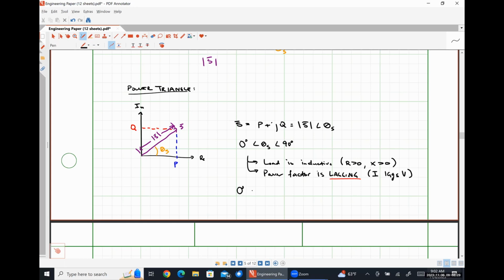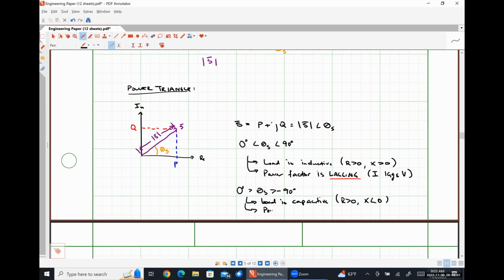If 0 degrees is greater than theta S, which is greater than negative 90 degrees, effectively if our graph were flipped over the horizontal axis, we would say that our load is capacitive, where R is greater than 0 and X is less than 0.